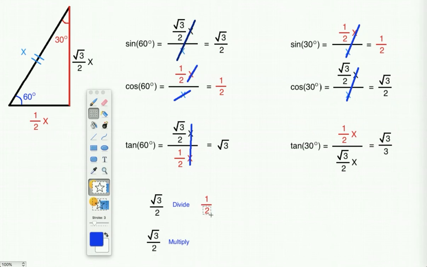So instead of 1 over 2, it'd be multiply 2 over 1.